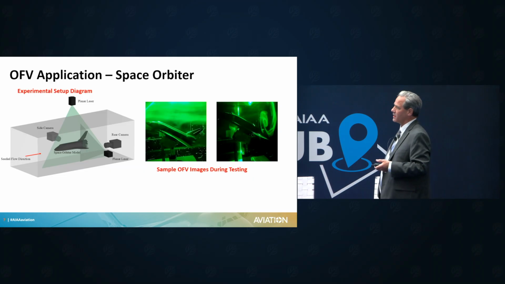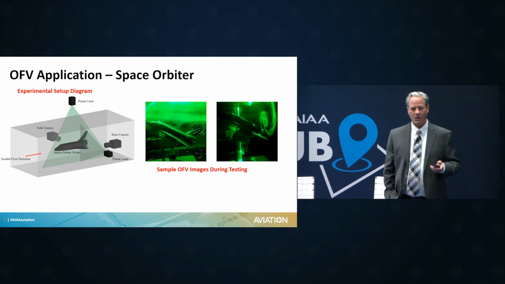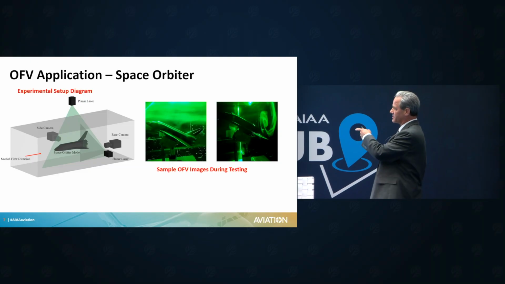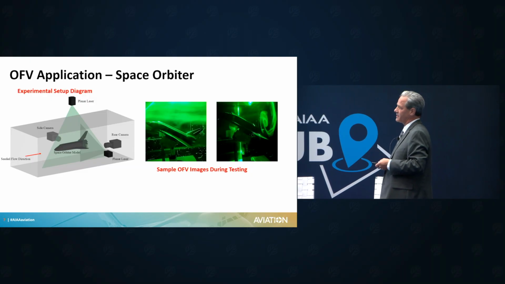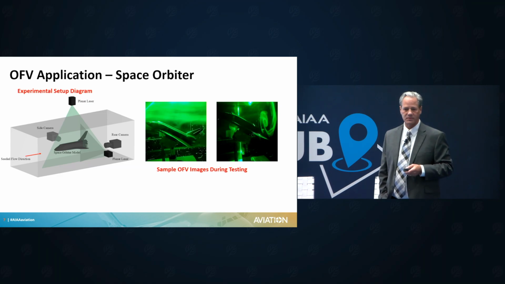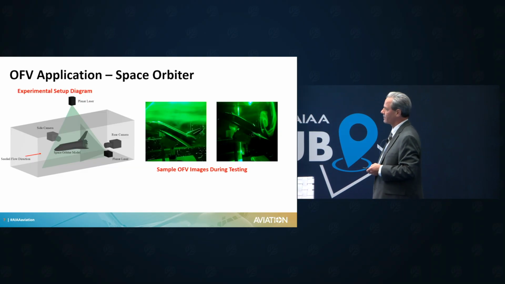The optical flow method is applied, in this example, to a 3D printed space orbiter object, which we have over there in our 3D printed wind tunnel. The experimental setup is a planar laser, a side optical fisheye lens camera, and seeded flow, which in this case is vegetable glycerin smoke, and a rear camera.